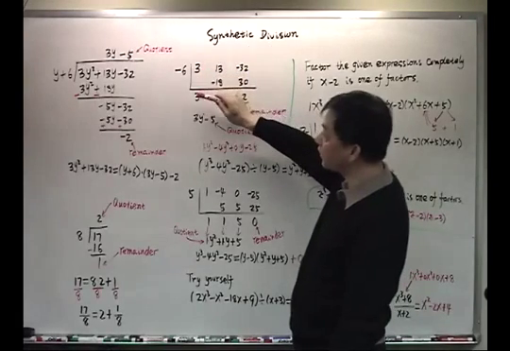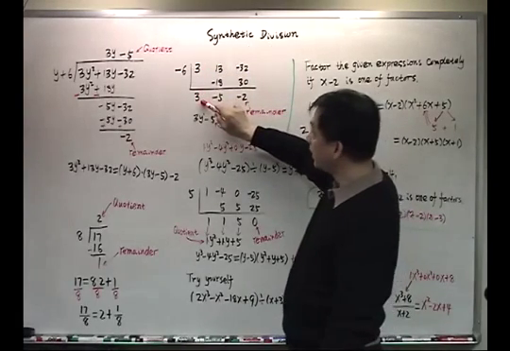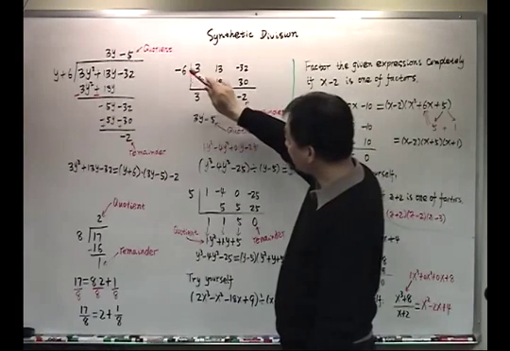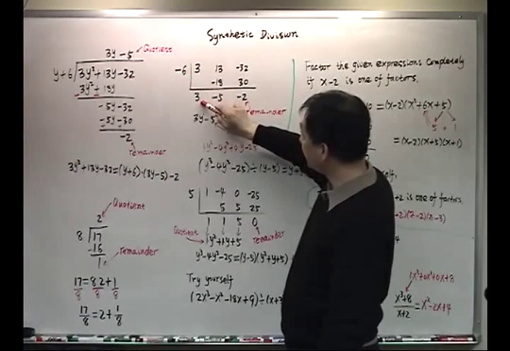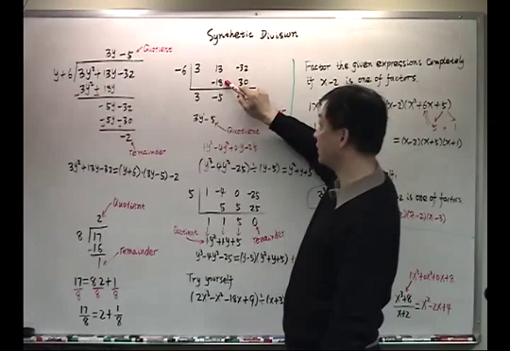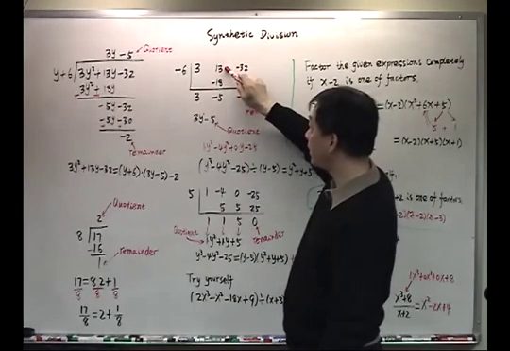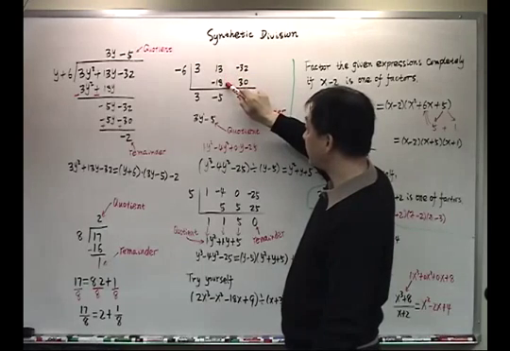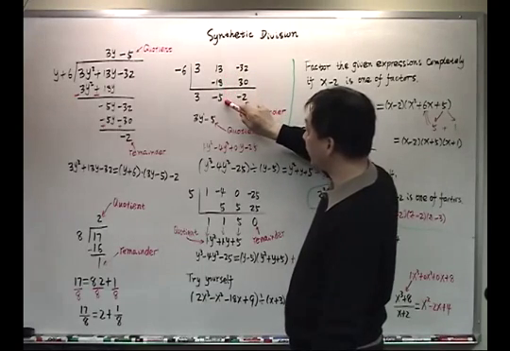bring 3 down here. And then negative 6 times 3, put the product here, that's negative 18. Add 13 and negative 18 together, you have a negative 5.